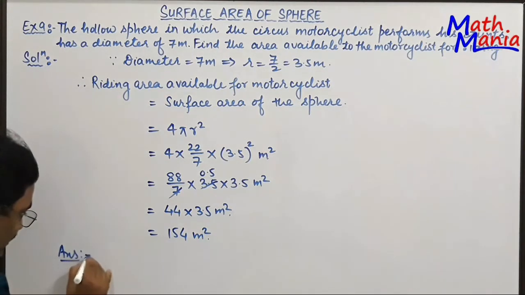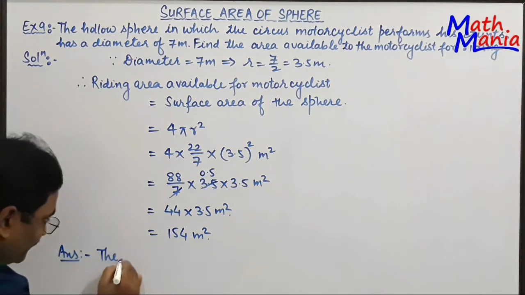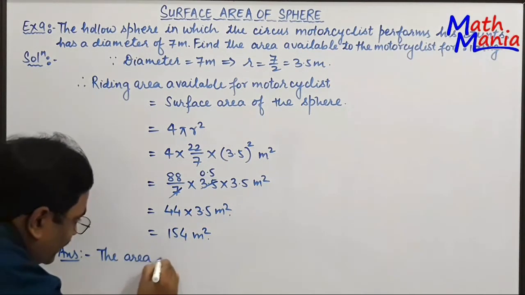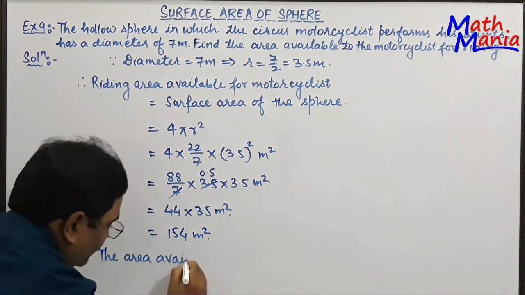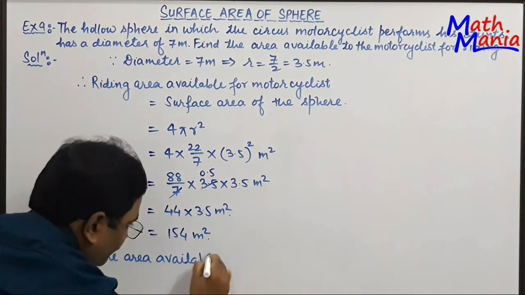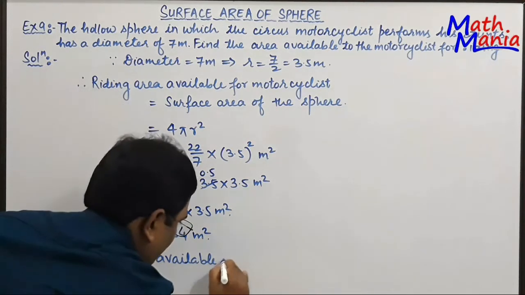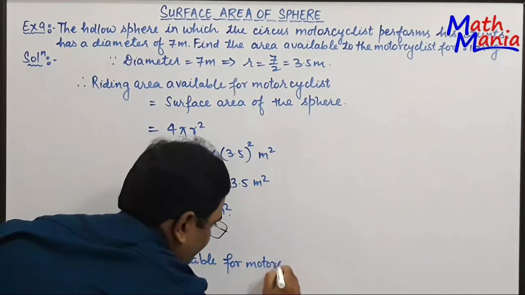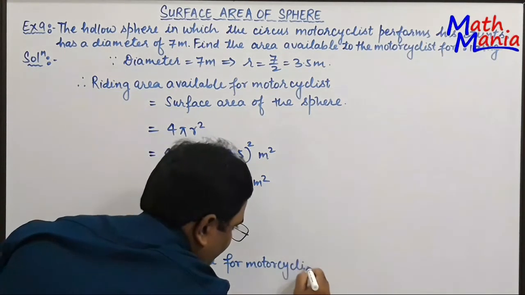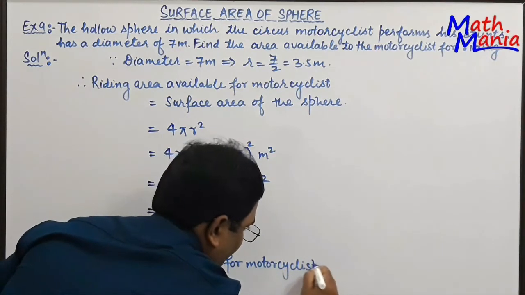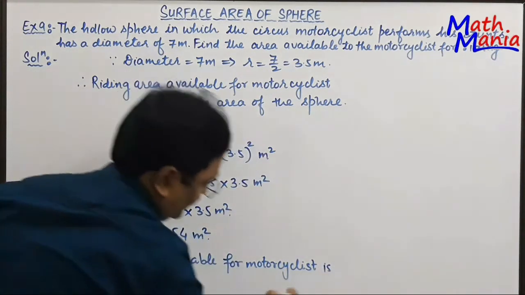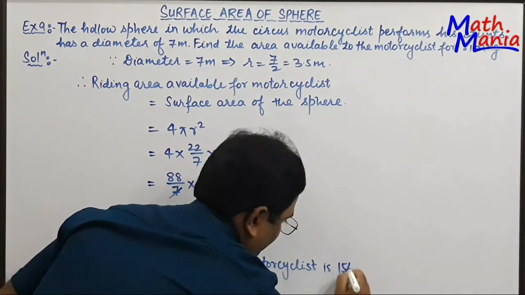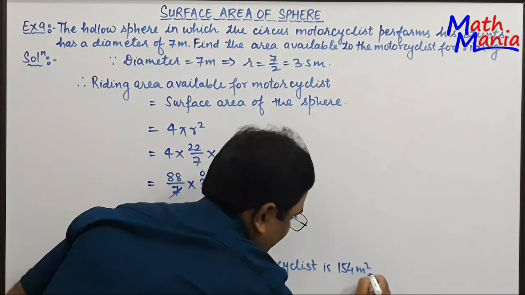Answer: the area available for the motorcyclist is 154 meters square.